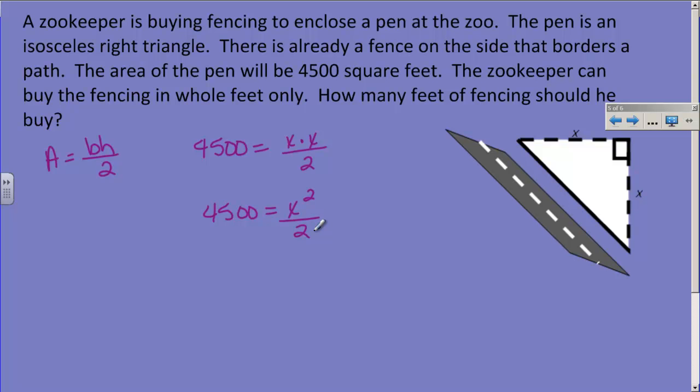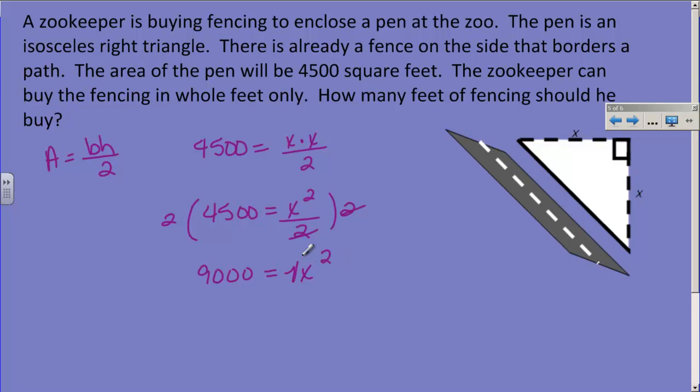How do I get rid of something in the denominator? Clear out that fraction by multiplying both sides by 2. That makes these cancel. And that gives me 9,000 over here equals x squared. And I need to get x because I'm trying to find out how long each one of those sides are.